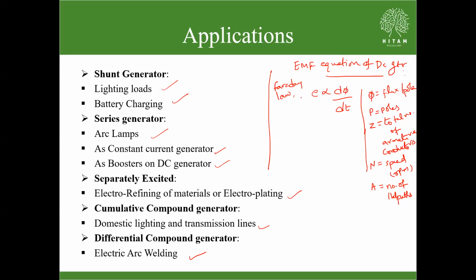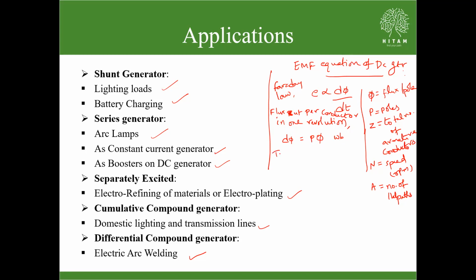Now, the flux cut per conductor in one revolution: dφ is equal to the number of poles times the flux. That is the flux cut per conductor in one revolution, dφ equals PΦ Webers. Units are Webers. That is the rate of change of flux.